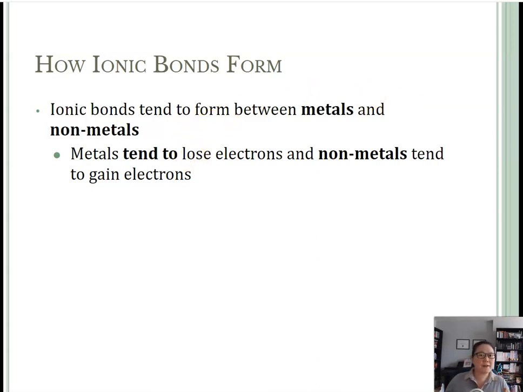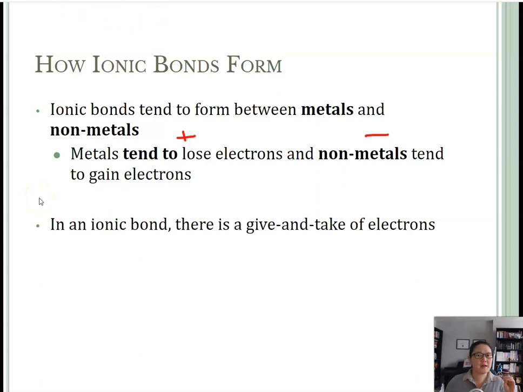Now, when that happens, your metals which have lost electrons are going to have a positive charge, and your nonmetals which have gained those electrons are going to have a negative charge. This is because electrons are negatively charged, so if you lose negative charges, you become more positive. If you gain negative charges, you become more negative.